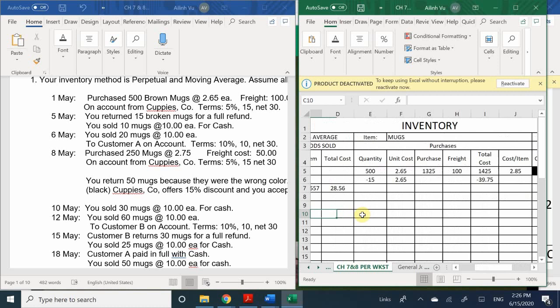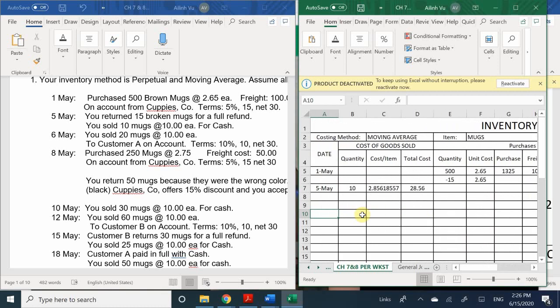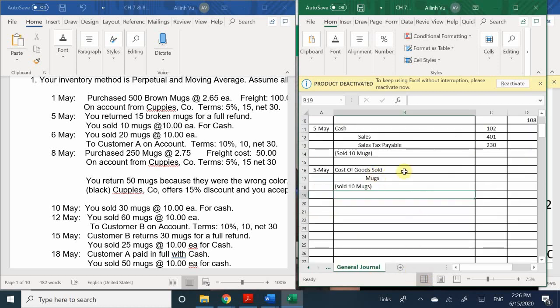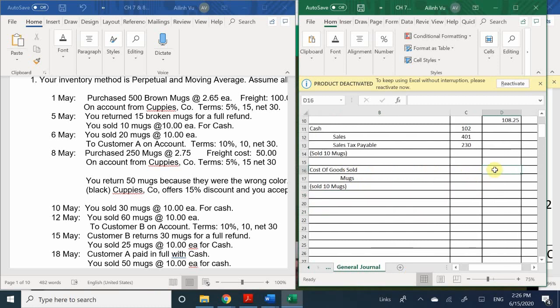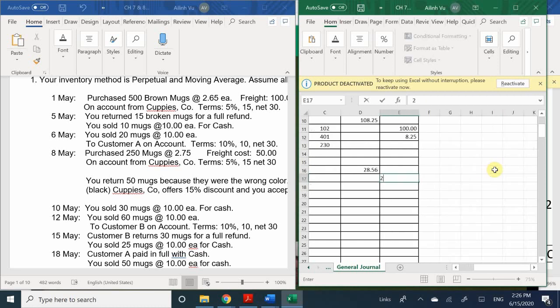So there's that. Okay? So now we know that we sold $28.56. So I'm going to go back to my journal and indicate that I sold $28.56, the cost of goods sold.